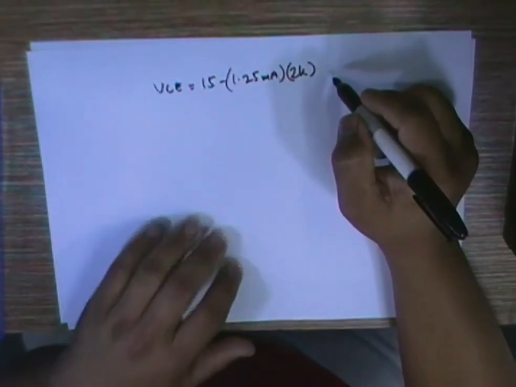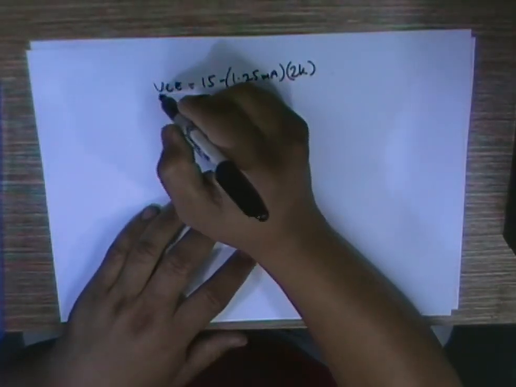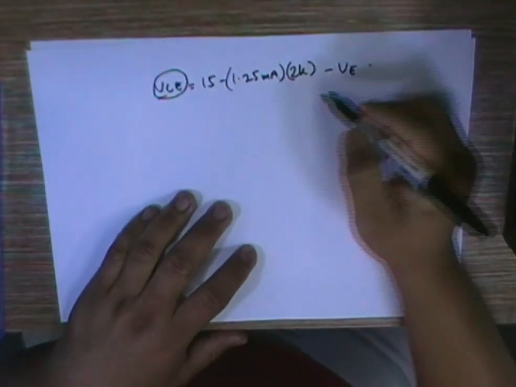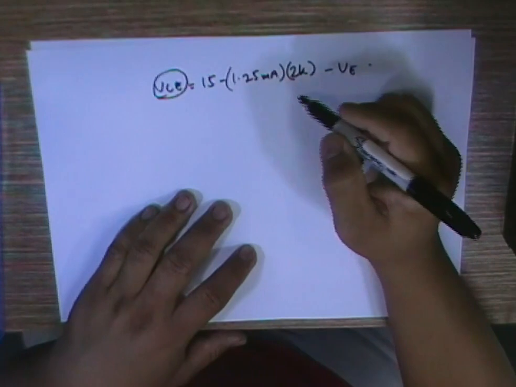I need to find what is, I need to set minus VE. So this is VC minus VE.